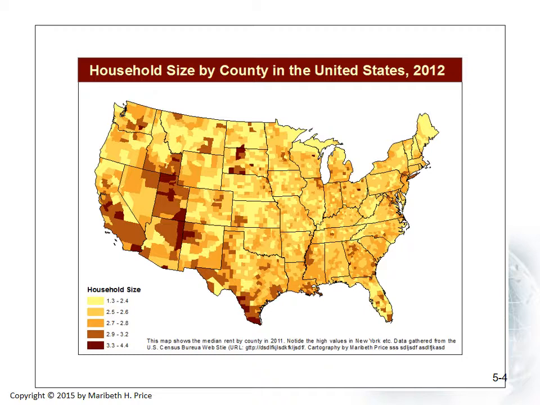But we would go through and apply those same principles and look at it and think about it as a group and decide, is this a slightly better map than the other one, and what makes it a slightly better map if it is.